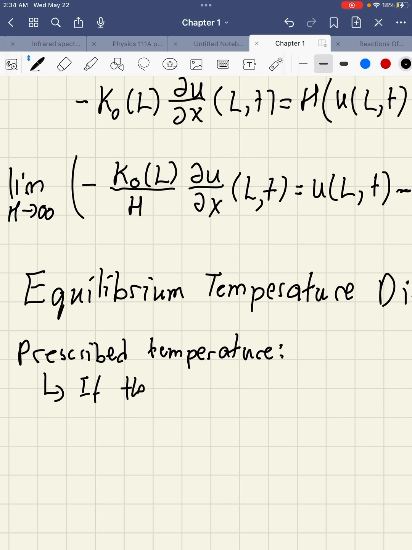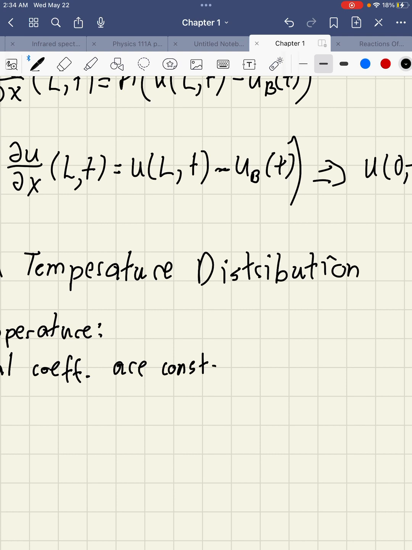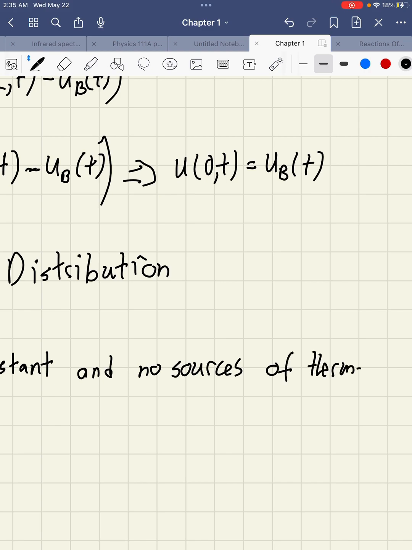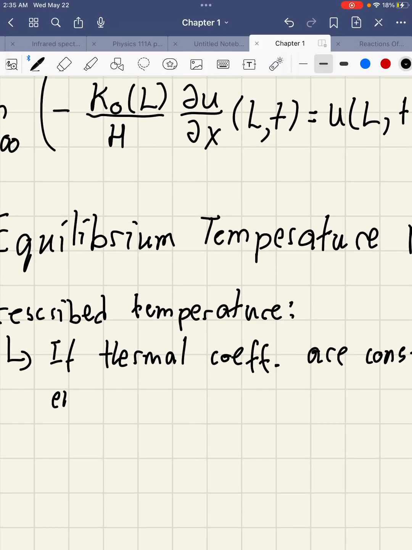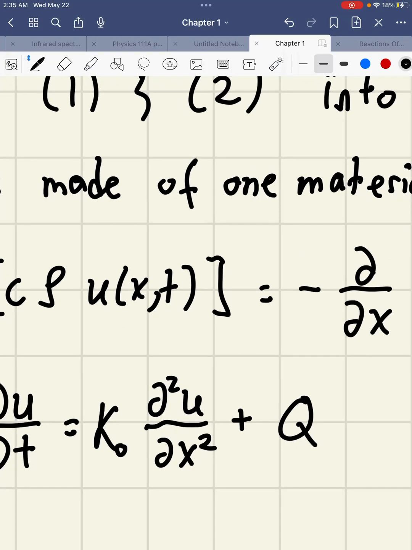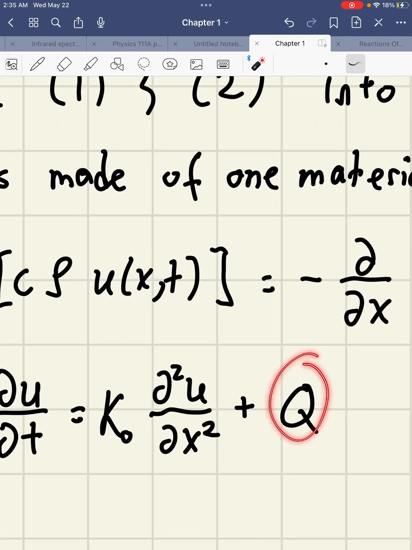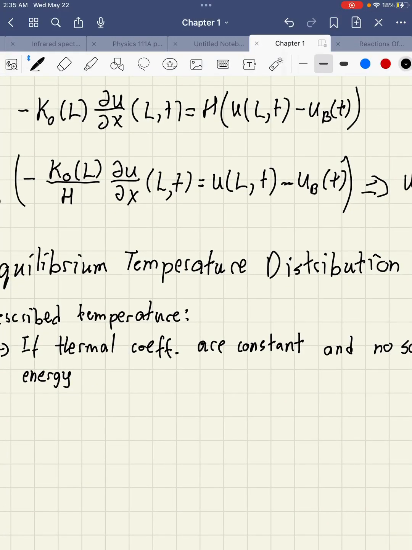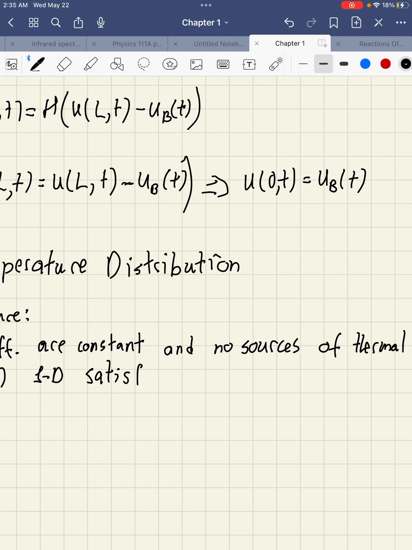If the thermal coefficients are constant and we have no sources of thermal energy, in other words, this Q is zero, and all of these things are constant, therefore the temperature of that one-dimensional rod satisfies these given PDEs.